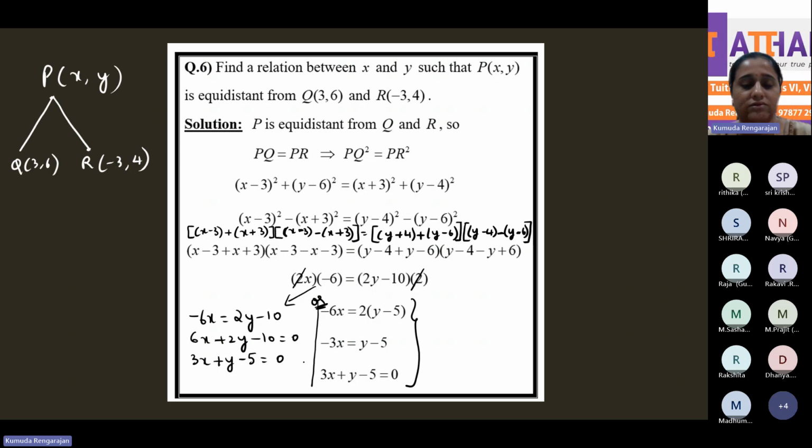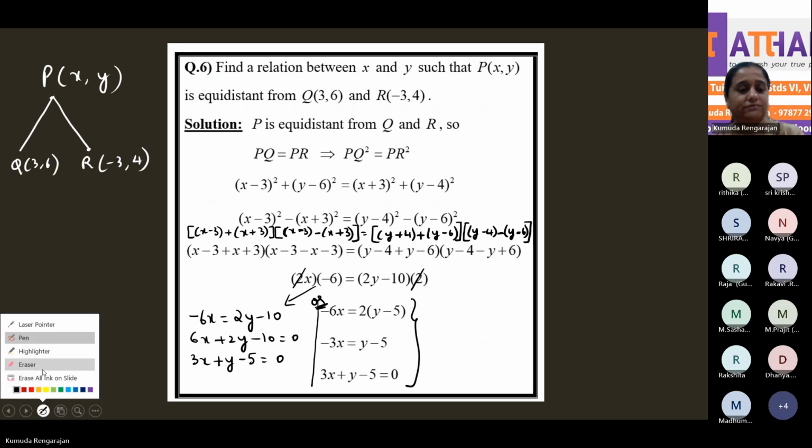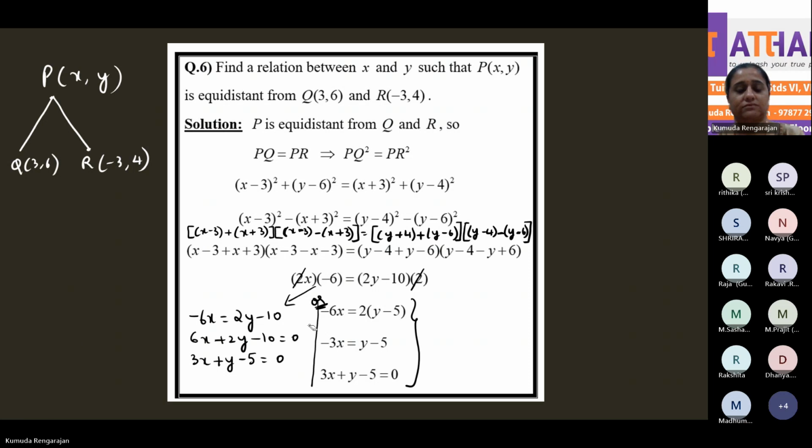You can also show it like this. So this is the required relation between x and y. 3 times x plus y minus 5 is equal to 0 is the required relation between x and y.